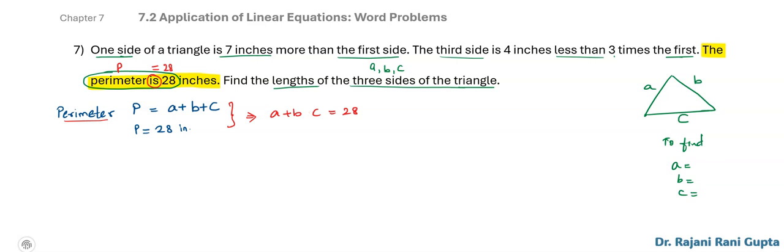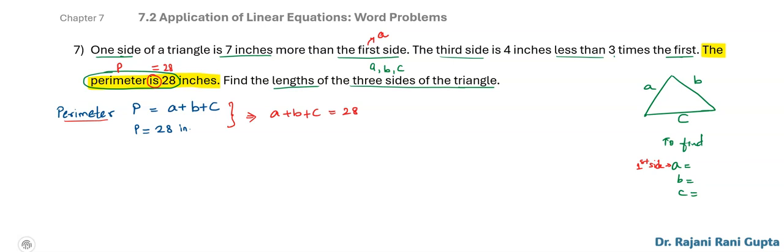One side of a triangle is 7 inches more than the first side. So let's denote any one of A, B or C as the first side. Let's say A is the first side.